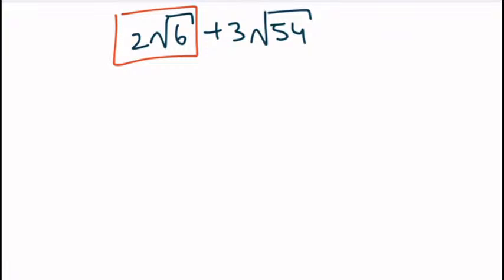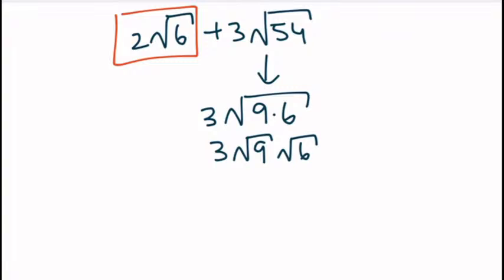Now what we're going to try to do is 54 divided by 6 to see if 54 can be turned into some form of radical 6 in order to carry out the operation. And 54 is indeed divisible by 6 because 9 times 6 is equal to 54. So we're going to simplify this down into 9 times 6. And then if we put it into their own separate radicals, we can simplify radical 9 into 3. So we get 3 times 3 times radical 6, or 9 radical 6.